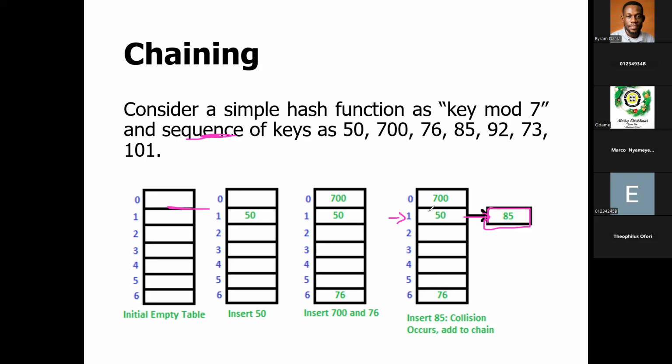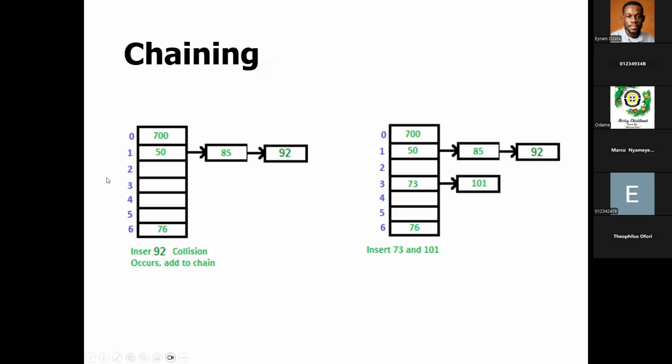It is linked to this value, a form of a linked list. So we can see how 92 is added to that chain to form a linked list.